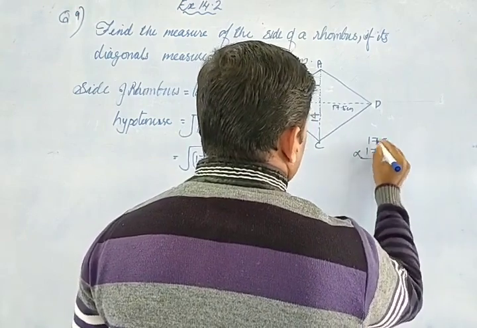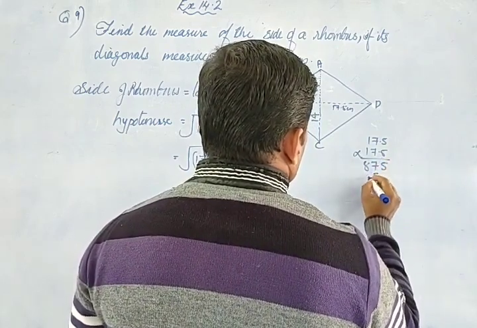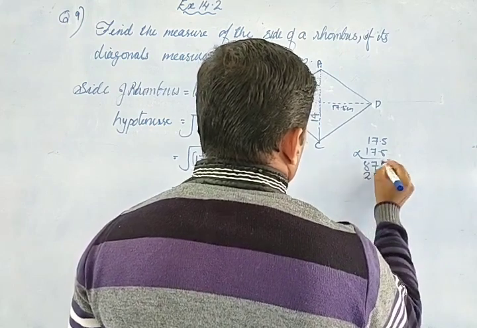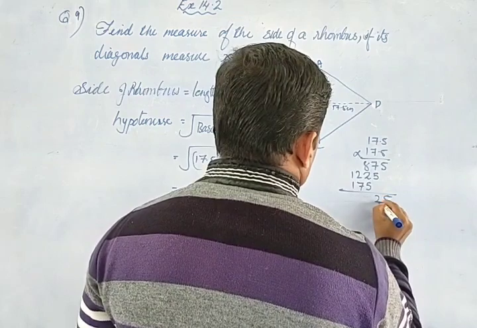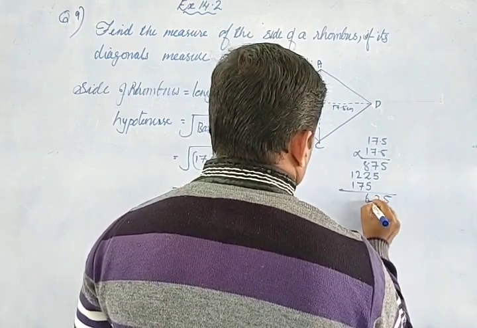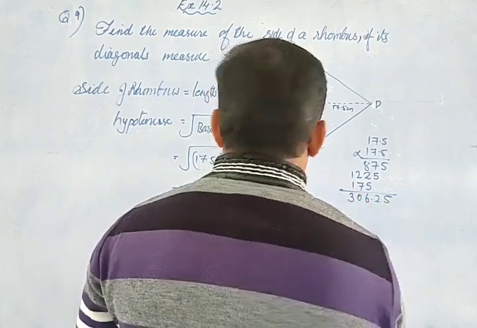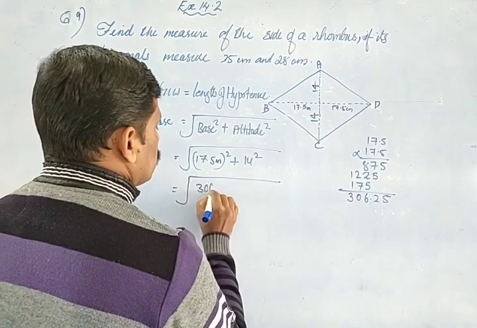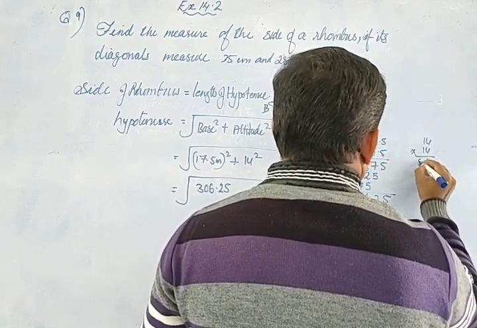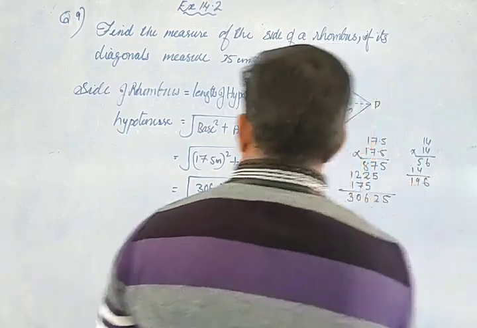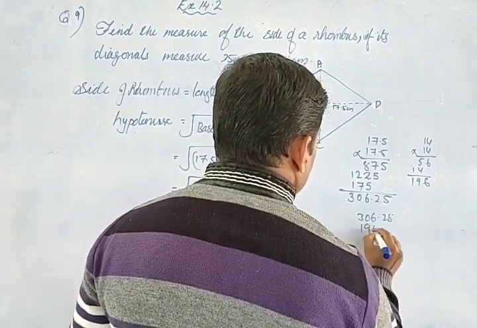Multiply 5 by 25. Means here 306.25 plus 14 square, 306.25 plus 196.